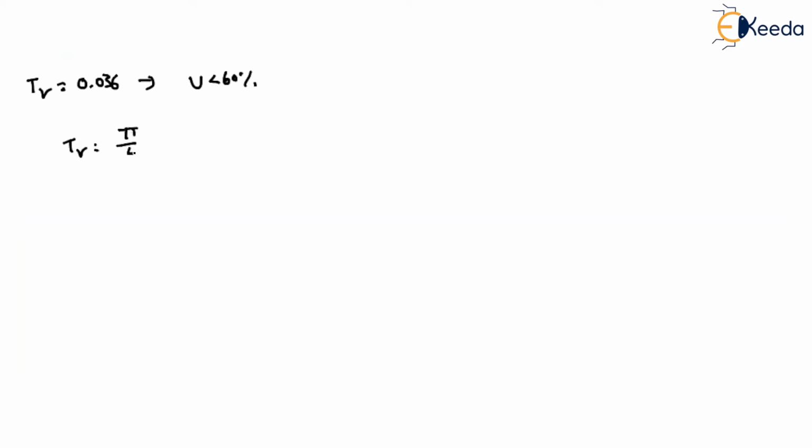That is pi by 4 into U square, which should be equal to 0.036. Then find the U value, which is 0.036 divided by 0.785 under the root. If you solve this, you get consolidation of 21.4%. As this value is less than 60%, this is acceptable.